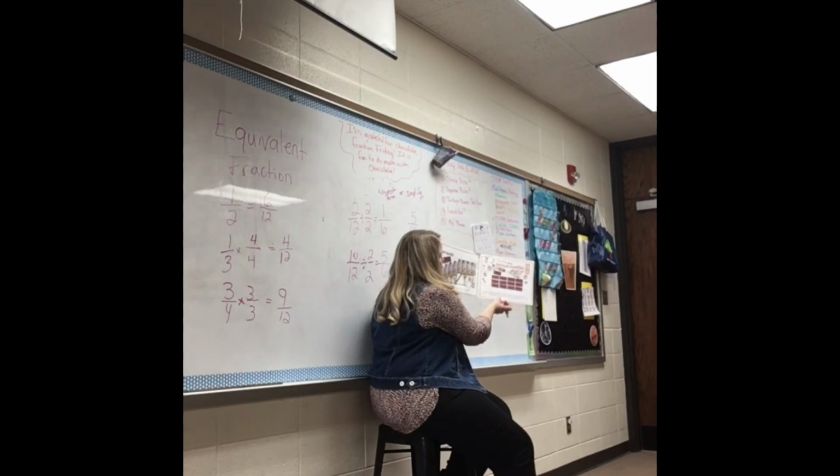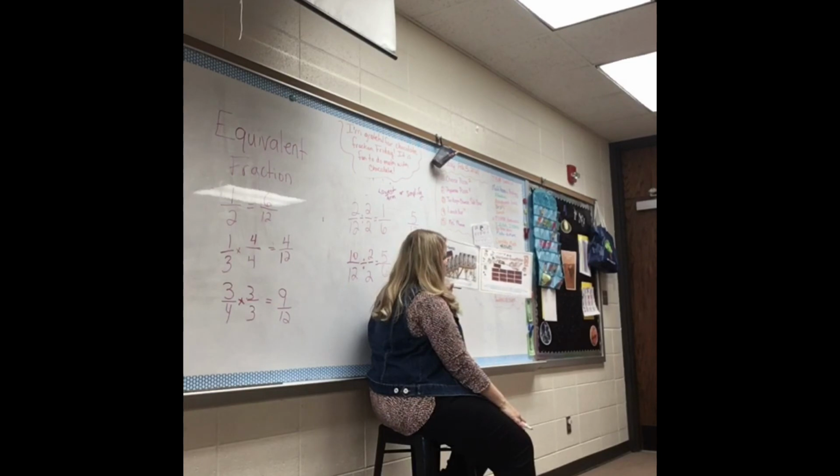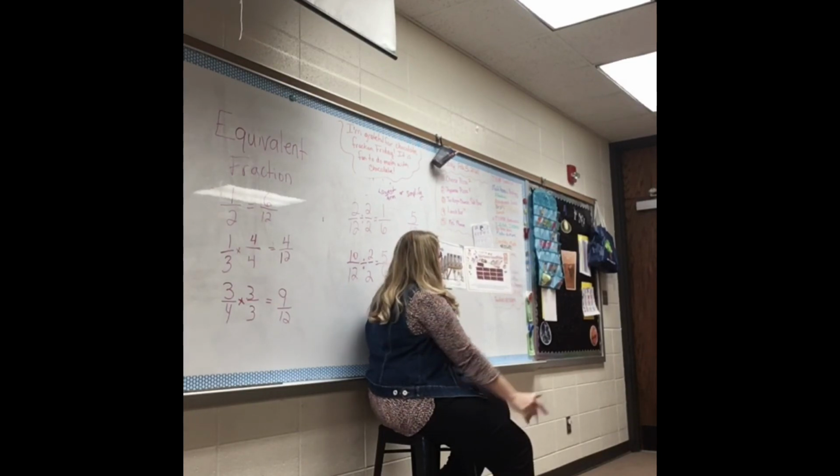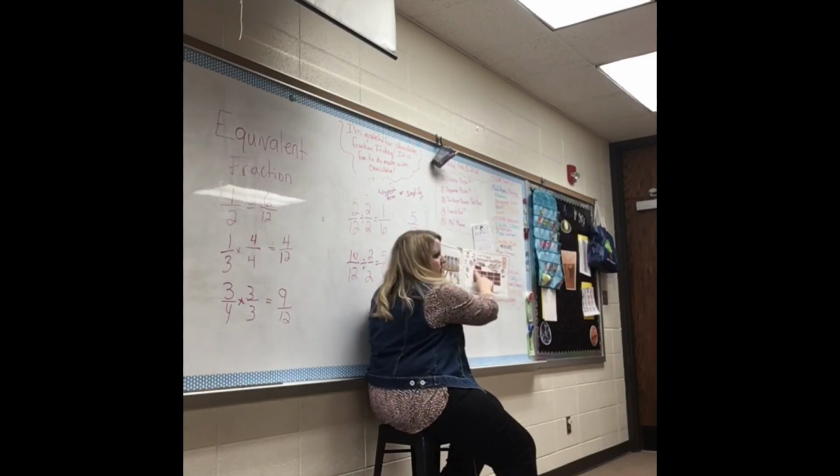Here's a fraction where the top number is larger than the bottom number. This is called an improper fraction. So look over here. I got 12. That makes a what? 12 makes a whole candy bar, but I got 13.